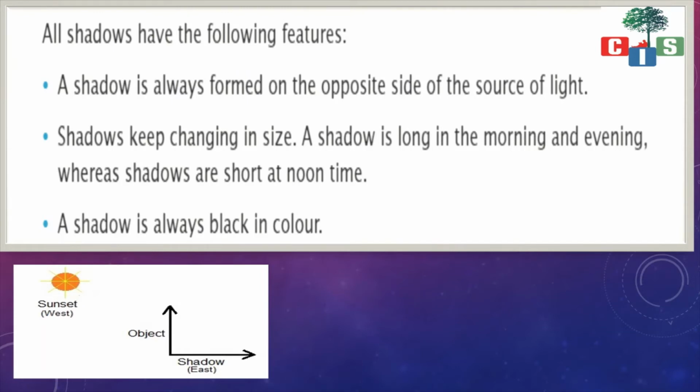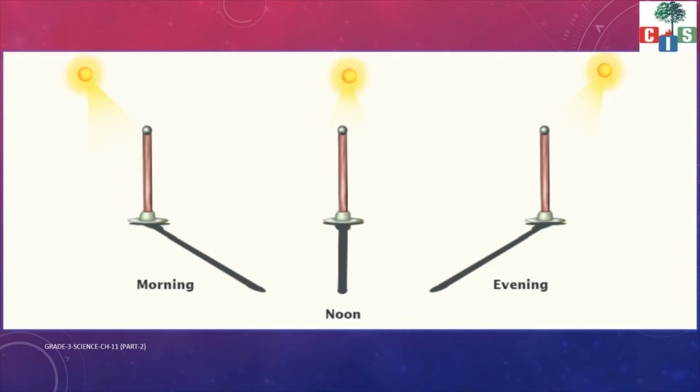Okay, so now let us see one picture which will demonstrate that shadows are long in the morning and evening and short at noon. So can you see in the picture? Yes, so in the morning, the direction of the sun is such that a long shadow is formed. Same as in the evening, the direction of the sun is such that the shadow is long.